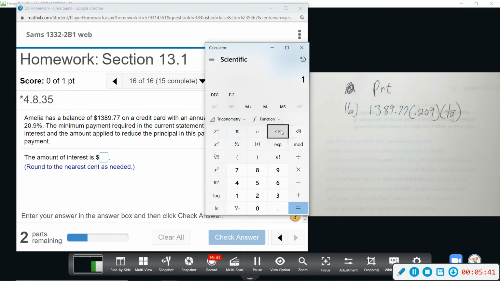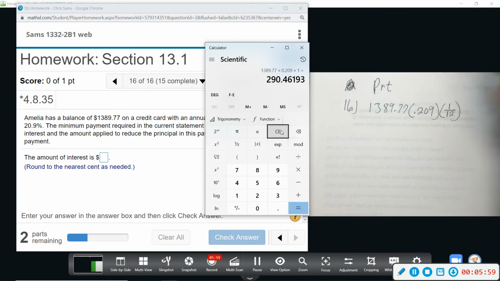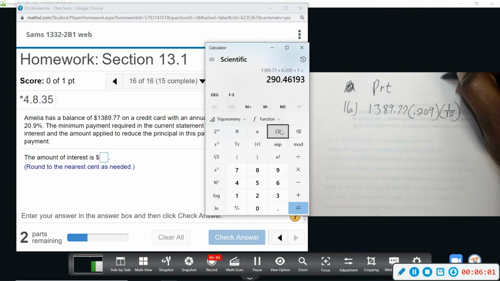So 1389.77 times 0.209 times 1, and then divide by 12. So let me make a note of this. The yearly interest is about $290.46.